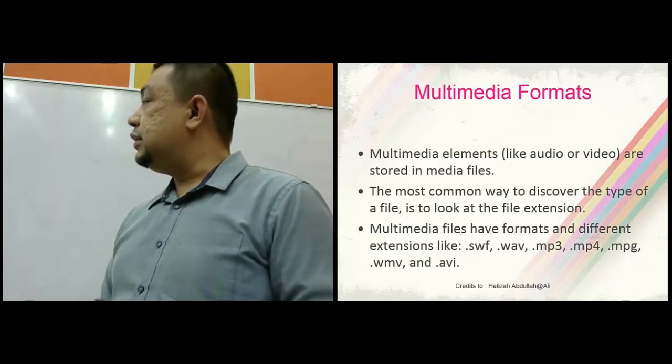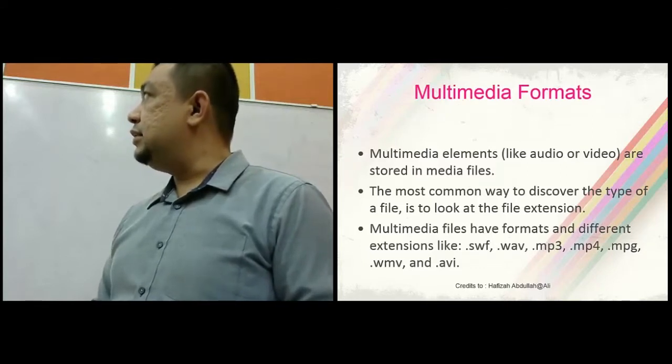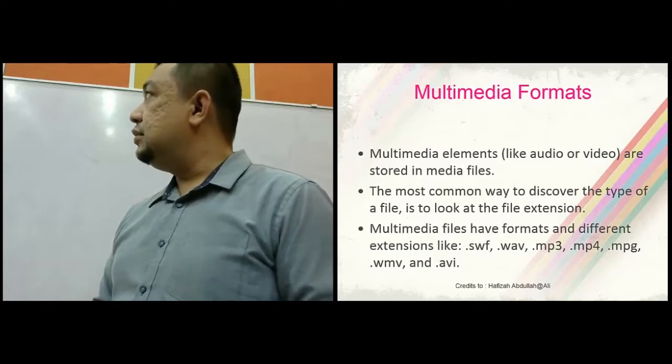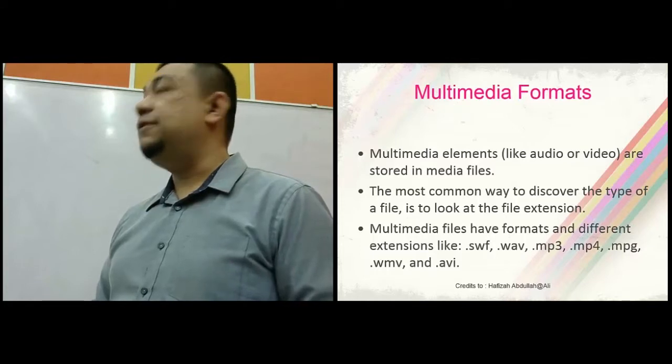In this slide we're talking about multimedia elements like audio and video. The most common way to discover the type of a file is to look at the file extension.